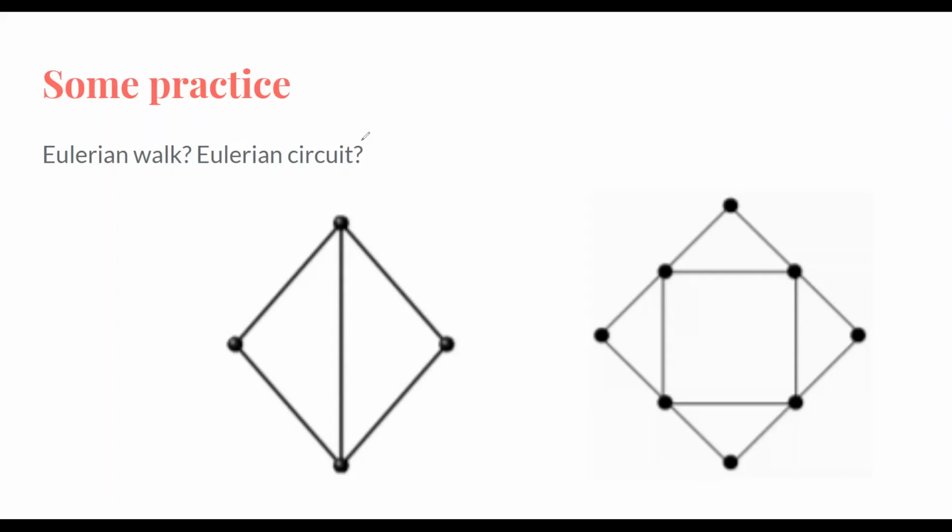Wait, what's an Eulerian walk again? An Eulerian walk is a walk that passes each edge exactly once. So it doesn't have to start or end in the same place, but it does have to pass each edge exactly once. David, you can go ahead and annotate.